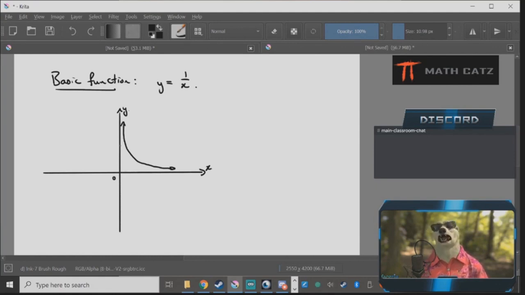And the closer I get, the bigger this y value is going to become. Plug in x values, convince yourself, not hard to do. As I take bigger and bigger x values, then we have seen yesterday what happens to 1 over x. It's going to get closer and closer to 0. So the y value gets closer to 0 as x gets bigger.